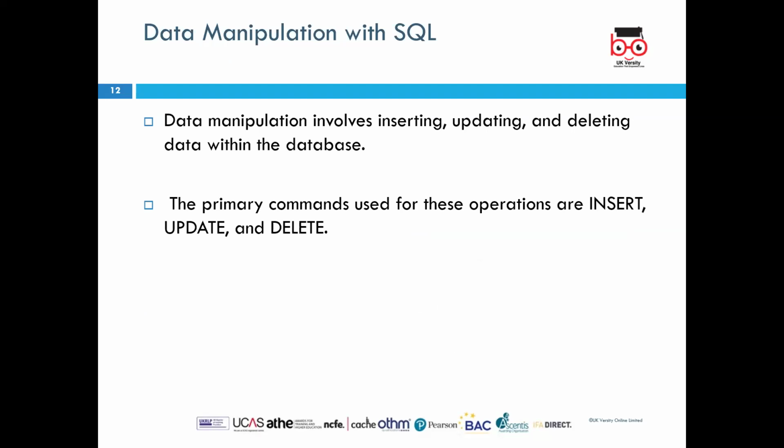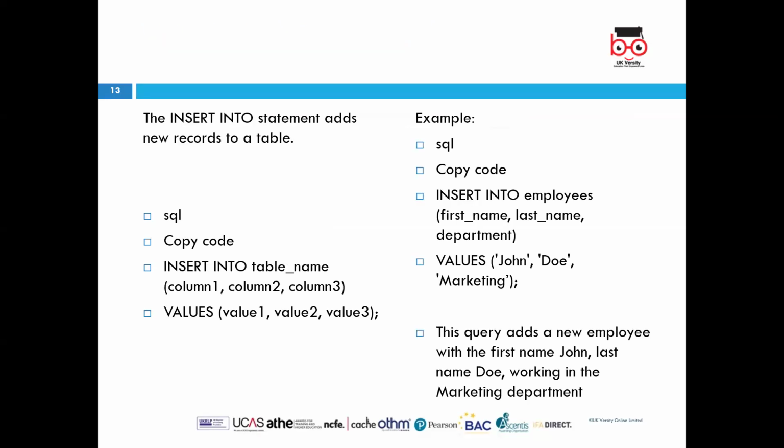Again, we've explained data extraction. Data manipulation involves inserting, updating, and deleting data within our database. The primary commands used for this are insert, update, and delete. For example, the insert into statement allows us to add new records to our table.